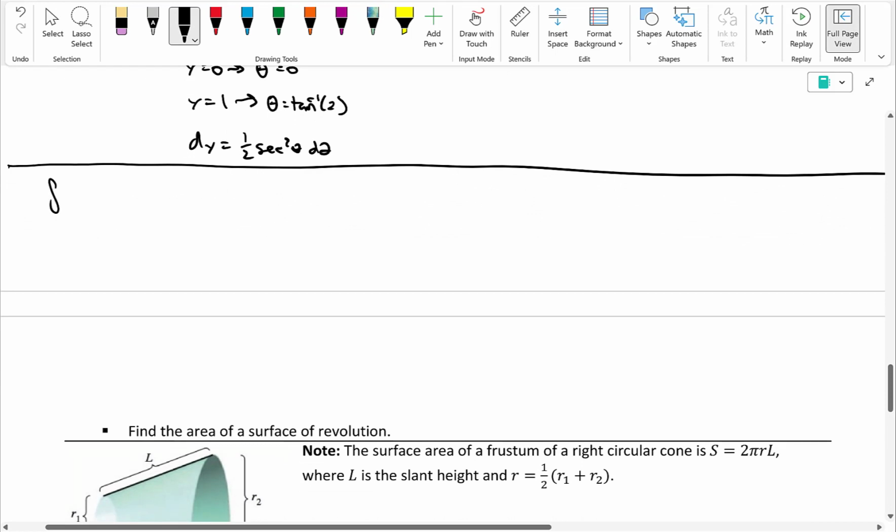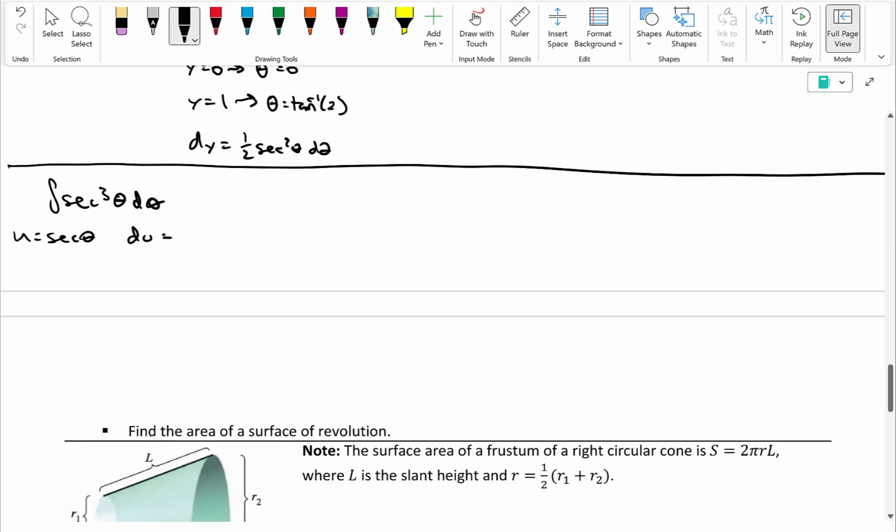So let's just do the integral of secant cubed theta d theta. For that, the u is going to be our secant theta, and the one we know the antiderivative of, our dv, is going to be the rest, so secant squared theta d theta. Du then is going to be secant theta tangent theta.